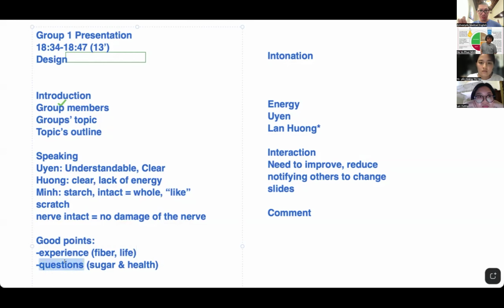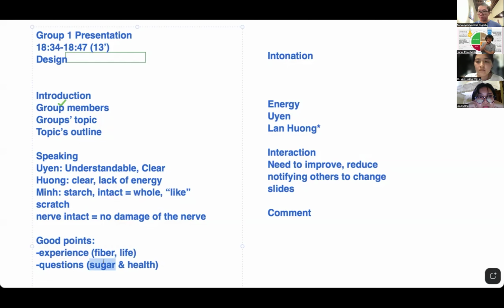About the questions. In your presentation, I really don't remember exactly what you asked, but you did have questions to raise concern, to make the audience focus on the topic that you want to talk about.